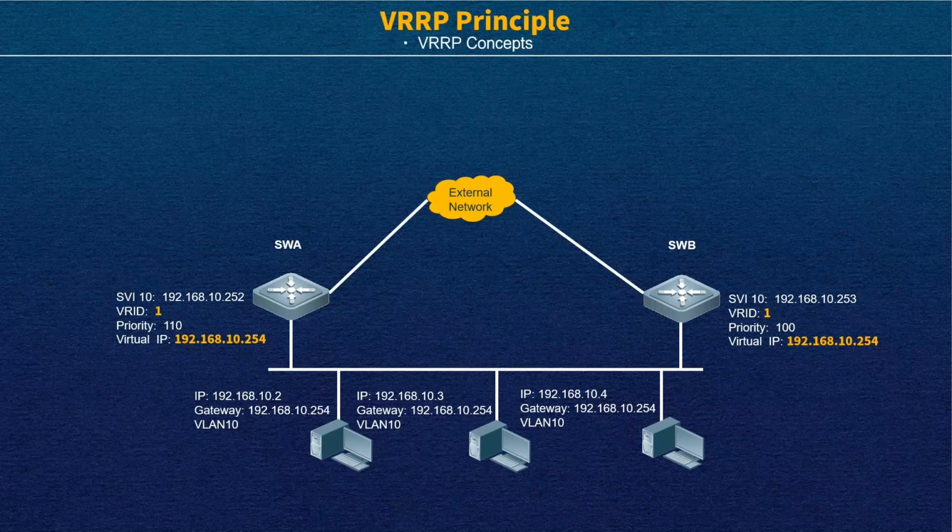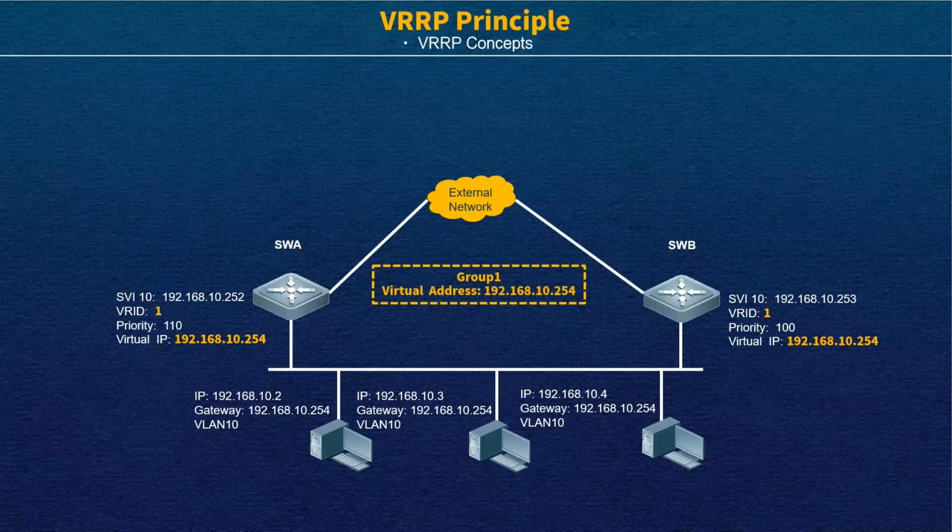In this topology, the virtual IP address is different from the physical interface address. If you configure the same virtual IP address as a physical IP address, for example 192.168.10.252, switch A will directly become the master. This is what we call the IP address owner.